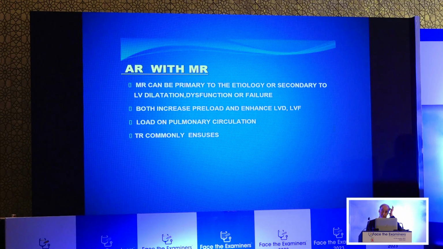So in patients of aortic regurgitation, association of MR is not uncommon, and MR can also secondarily occur in these patients because of the functional deterioration of the left ventricle. Presence of atrial fibrillation in patients of aortic regurgitation is usually a pointer to mitral regurgitation being of rheumatic etiology.